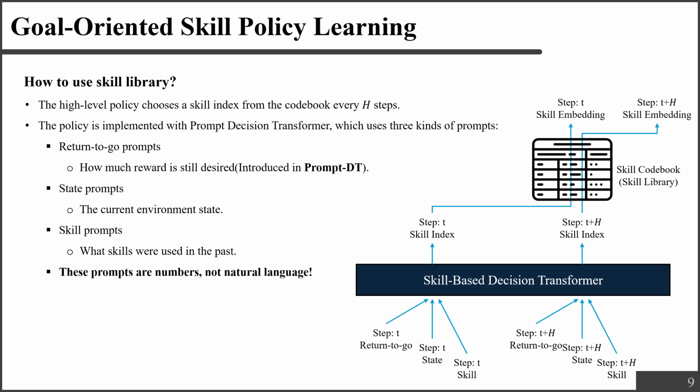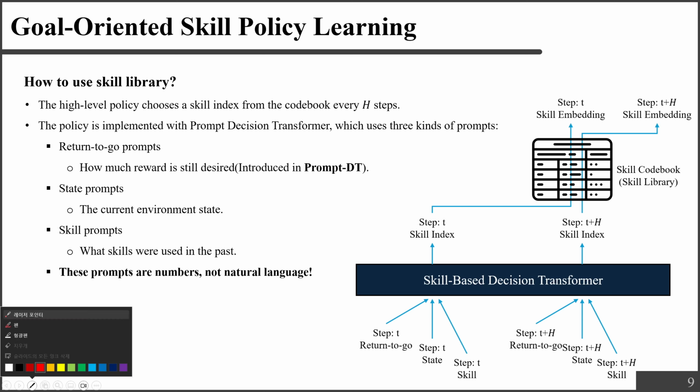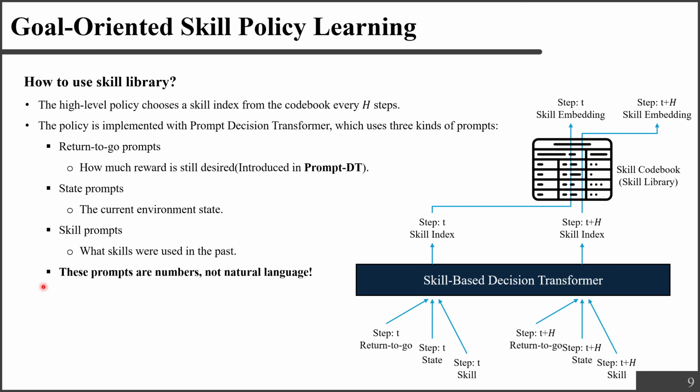The return-to-go prompt indicates how much reward is still desired. The state prompt describes the current environment state, and the skill prompt records what skills were used in the past. Using these prompts, the policy outputs the skill index, which points to the corresponding skill embedding in the codebook. One thing to note is these prompts are numbers, not natural language.